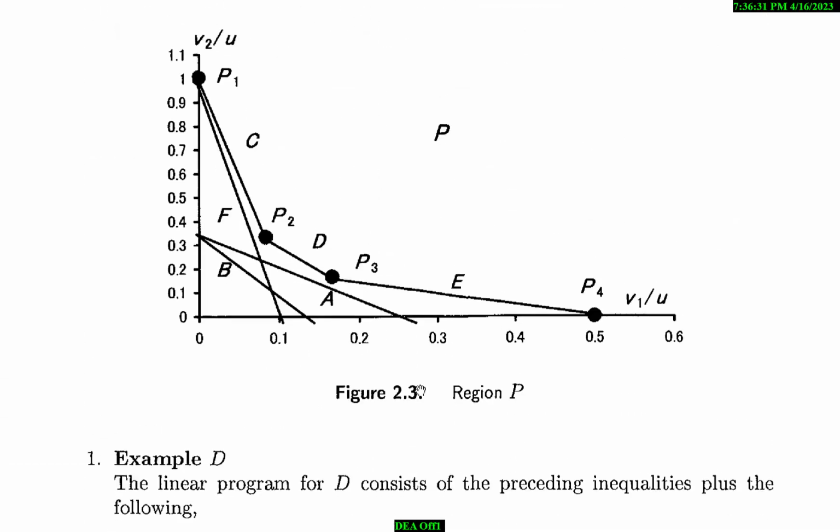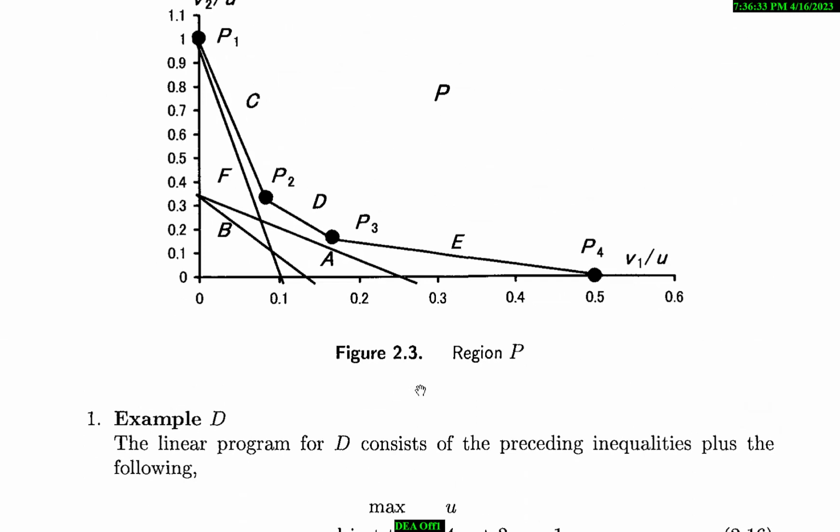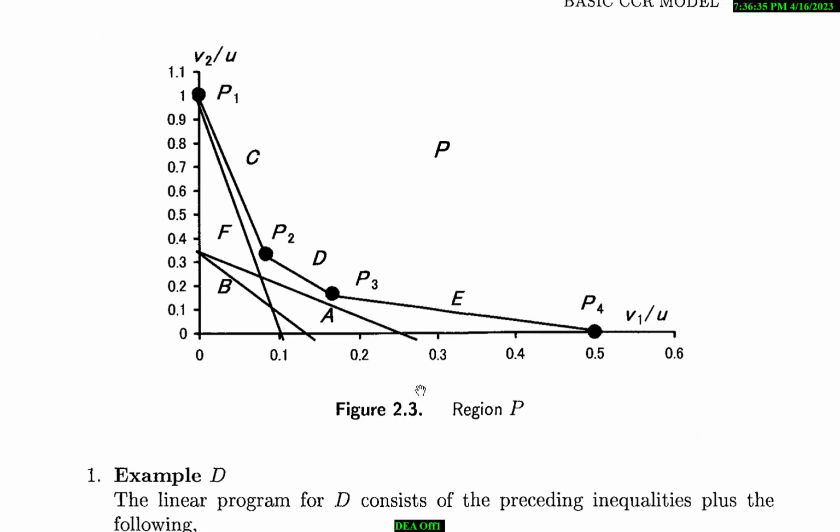Now consider DMU F. For F, you see P1 gives the least value of T, and its value will be 1.